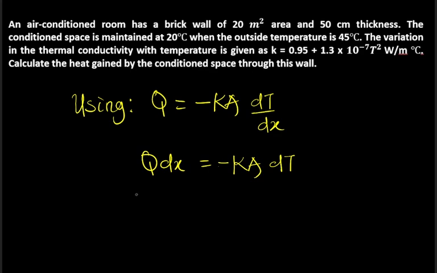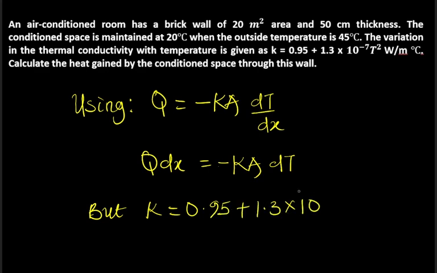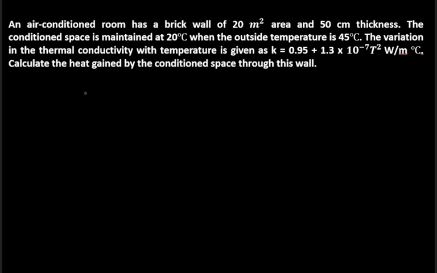But from the question, we're given that K is equal to 0.95 plus 1.3 times 10 to the power of minus 7 T squared. So from here we are going to substitute the value of K wherever we have K. Now we are going to integrate both sides.